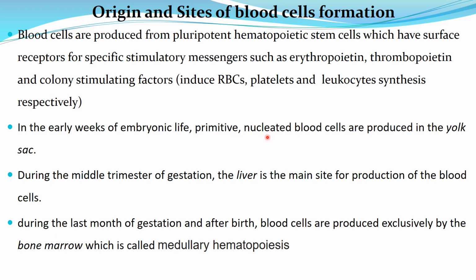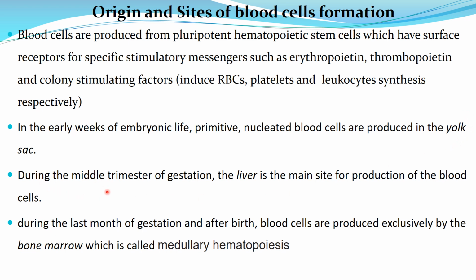Red blood cells are normally enucleated, so they don't have a nucleus. But in the early weeks of embryonic life, the circulating red blood cells and the other types of cells are nucleated, and they are produced by the yolk sac.